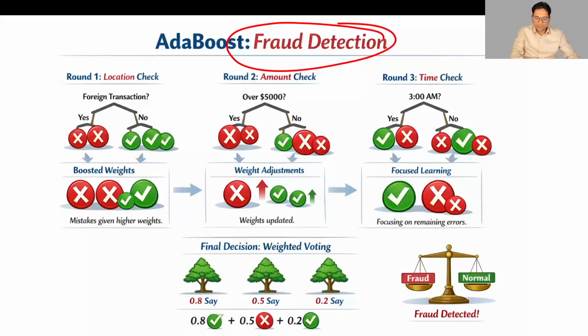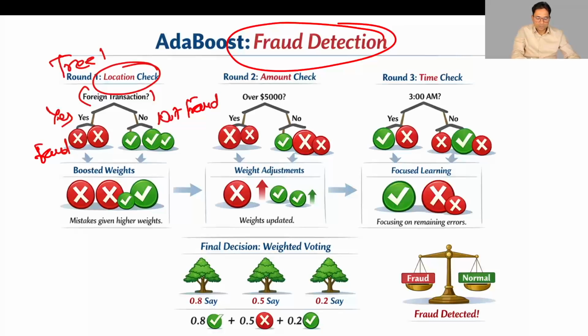Say for example, if you're doing fraud detection, we are creating multiple simple decision stumps. So these are decision stumps. In the first round, in tree 1, we check whether it's a foreign transaction or not, yes or no, and then how many are fraud and how many are not fraud.